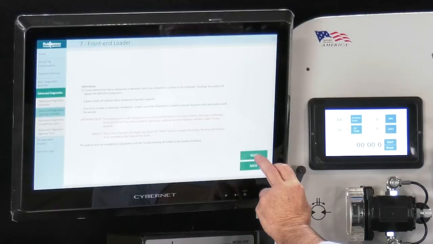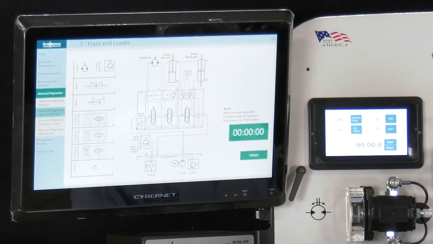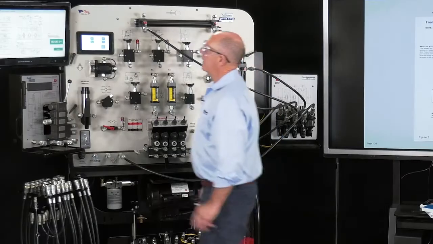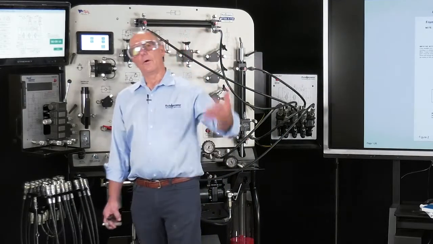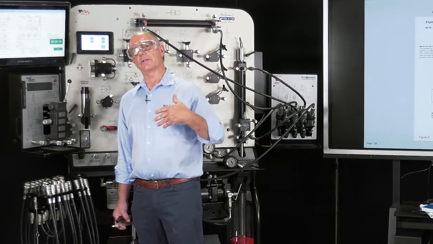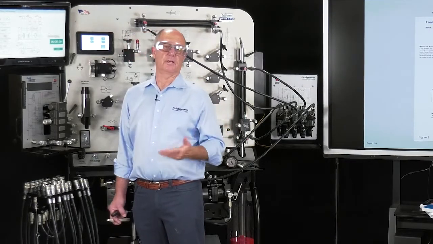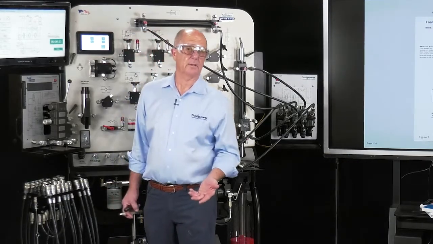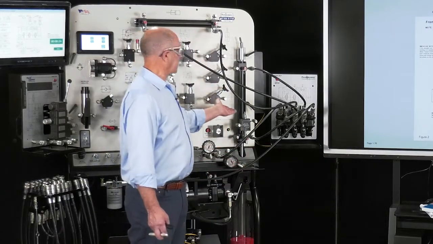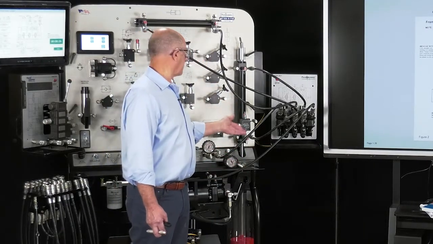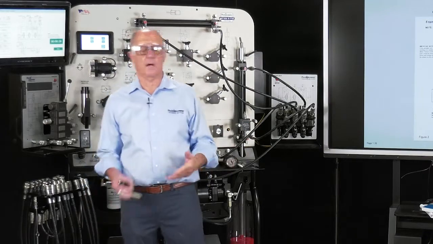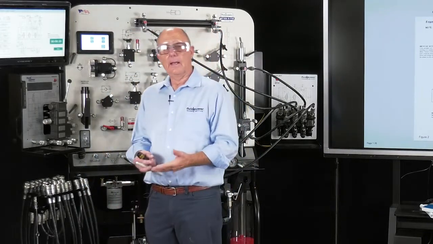When I go to the next screen, two things will happen. So first and foremost, the build screen, in other words, I guess you might be asking yourself, well, how does this thing know when to make the fault? In other words, I want the seal in that cylinder to be leaking, I want the directional control valve to be leaking, a cartridge valve to be leaking. How does that happen?